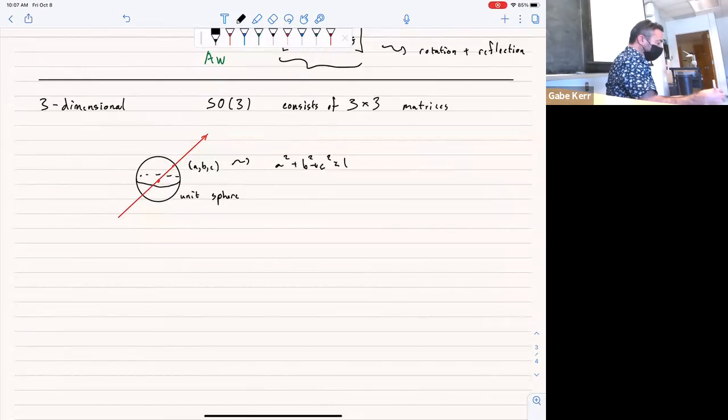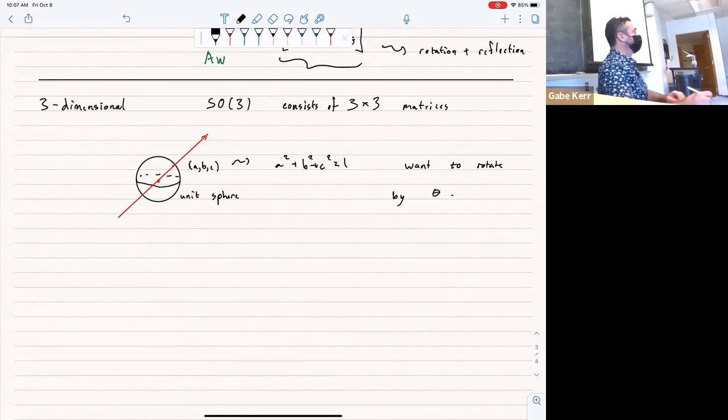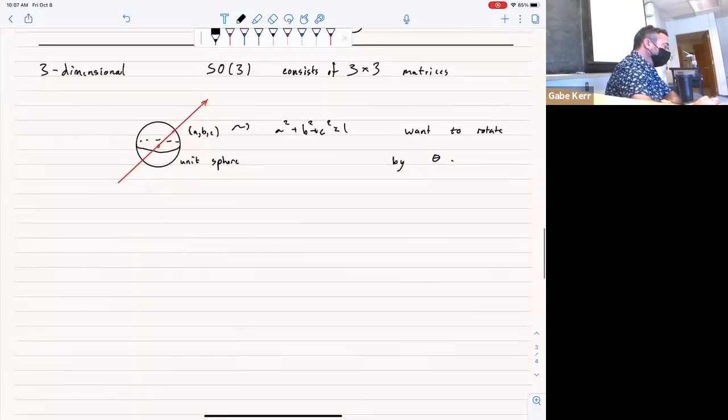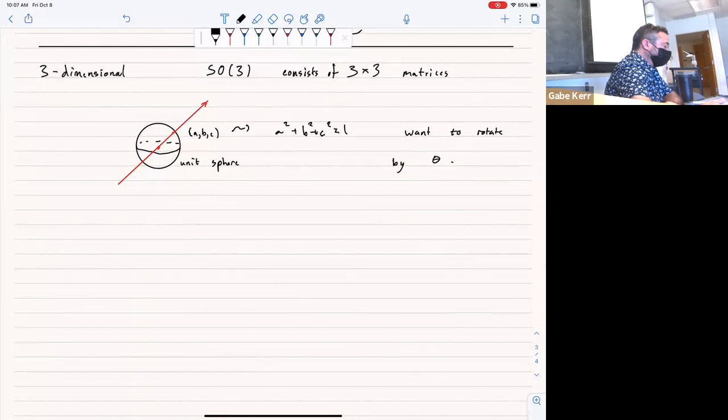That's the axis I want to rotate by, and then I want to rotate by an angle of theta, counterclockwise, right-hand rule. If I'm using the right-hand rule, I should really take the point on this. I want the direction. All right. So this is all you need to write down the matrix.